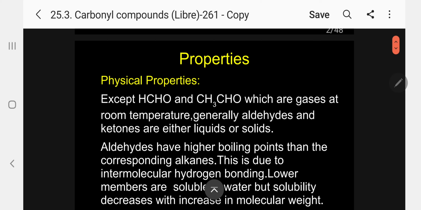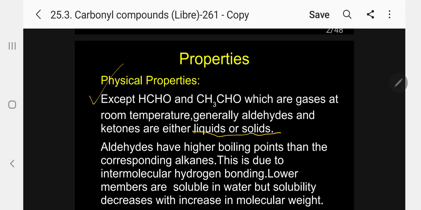Whenever we are discussing properties, first it is our duty to discuss physical properties. Except formaldehyde and acetaldehyde, which are gases at room temperature, generally aldehydes and ketones are either liquids or solids.